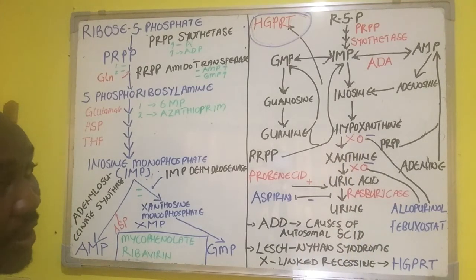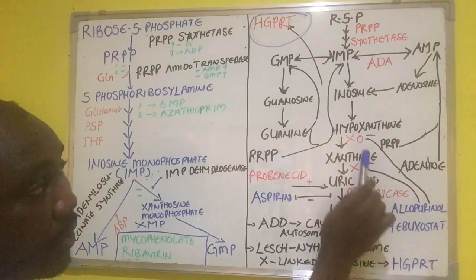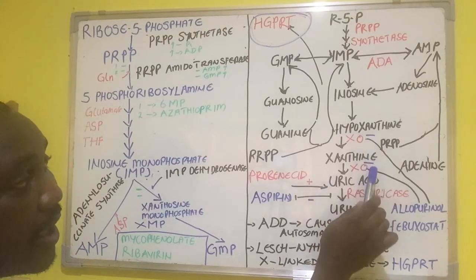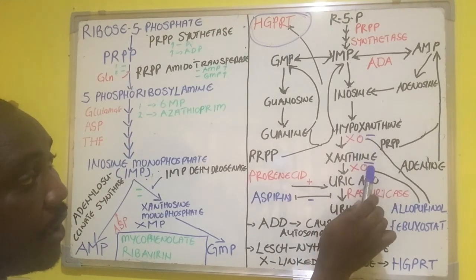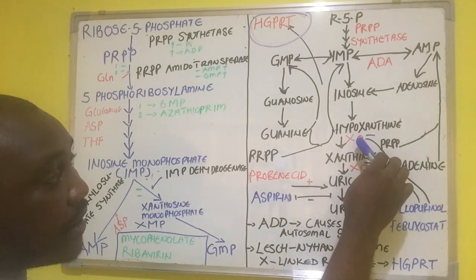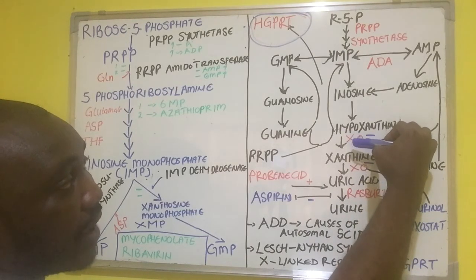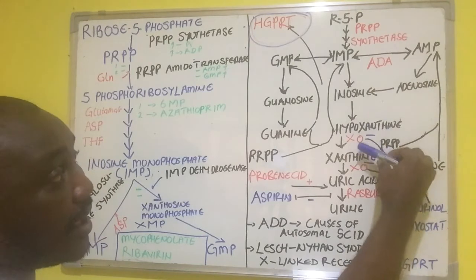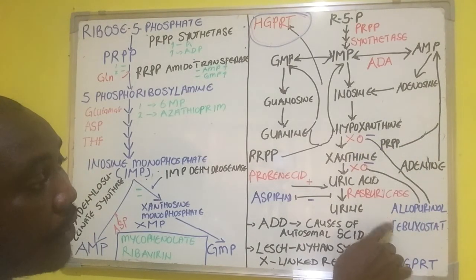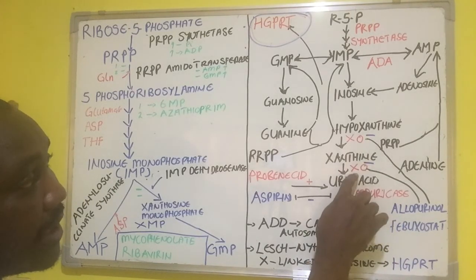These drugs, allopurinol and febuxostat, hinder or slow down this reaction, so that the hyperuricemia in the system will be reduced. So allopurinol and febuxostat are the drugs needed for Lesch-Nyhan syndrome.